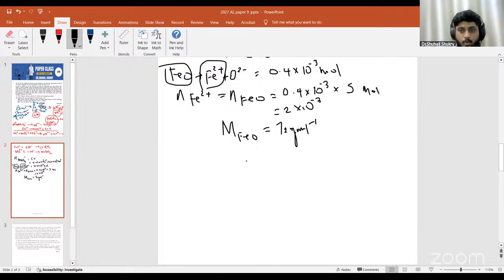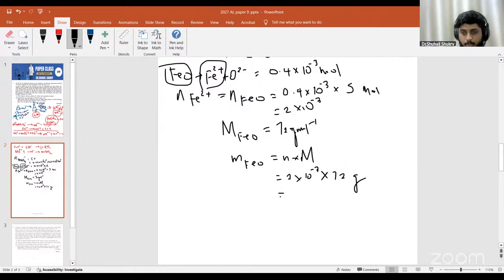Then you can find the mass of FeO by simple n multiplied by capital M. For n you get 2 × 10^-3, capital M is 72. 72 into 2 is 144, divided by 1000, so 0.144 grams. We get the FeO mass.